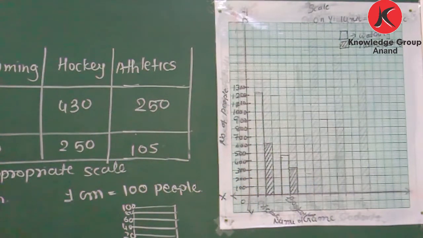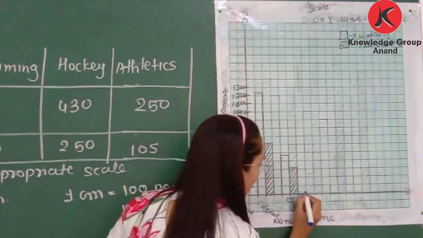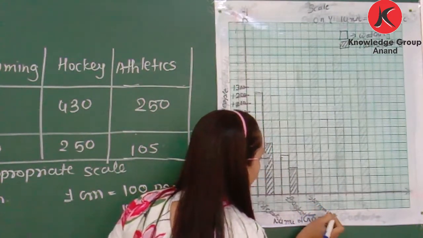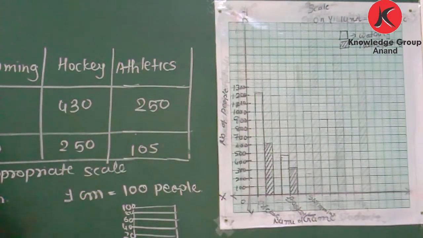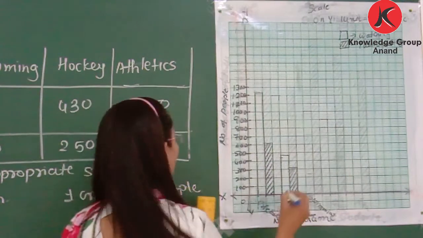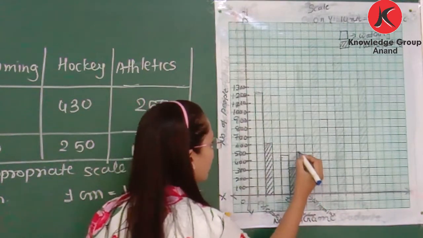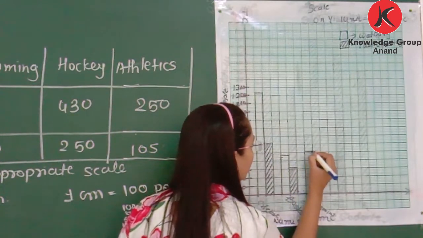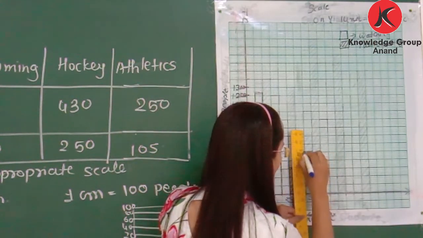Now next is swimming. Take one space for swimming. In swimming 510 are watching. So 500 is here and 510 means half a line. Here you need to draw this bar.